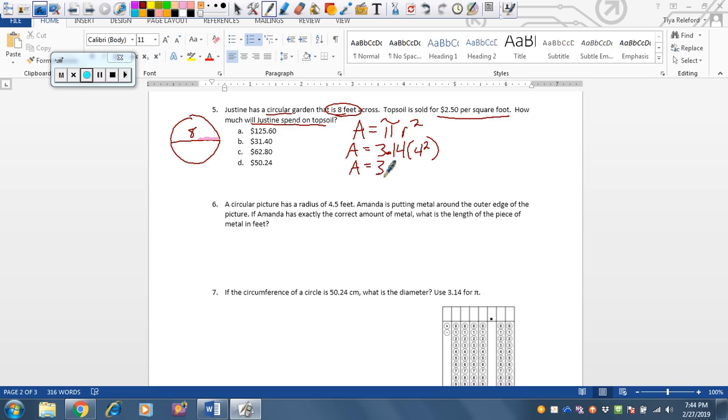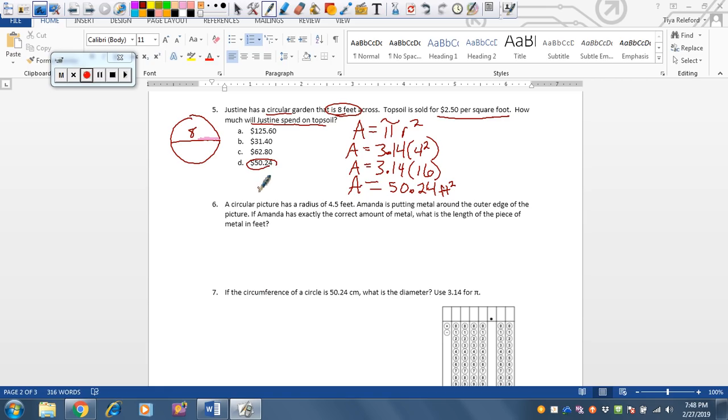And you have done this problem with these numbers a million times. So if you have this somewhere else, you can copy your answer from it or go ahead and calculate. Okay, so you get 50.24 and you see the answer here and you get so excited because you've worked so hard to get that number. But that is 50.24 feet squared. This says $50.24.